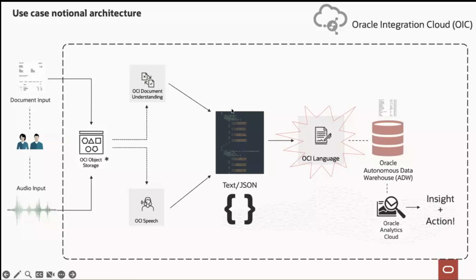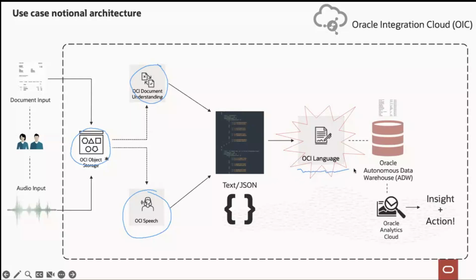So here I used application integration because I am doing some file movement with object storage through REST APIs. I'm doing some document understanding runs to convert my text through REST API. I'm running OCI Speech to convert my recordings to text through REST API.